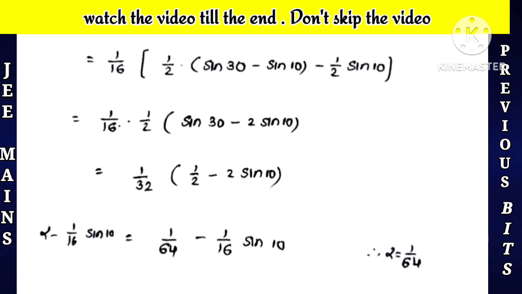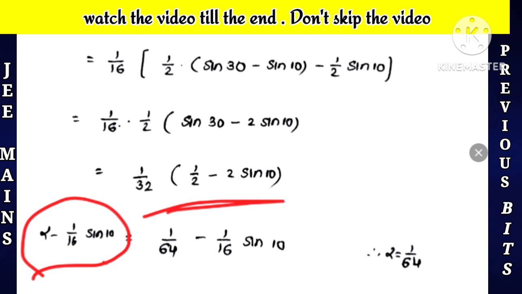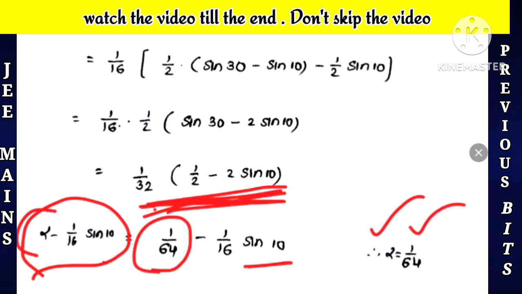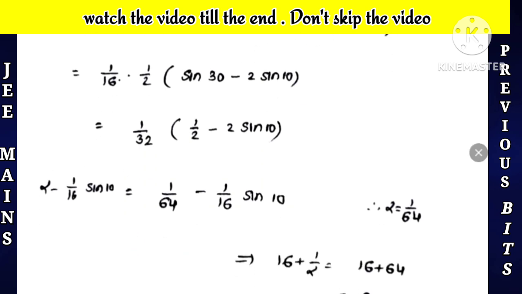The given answer is α − (1/16) sin10°. Here you get the answer 1/64 − (1/16) sin10°. Just multiply the two values here and compare them, then you get α equal to 1/64. But what is the given question?